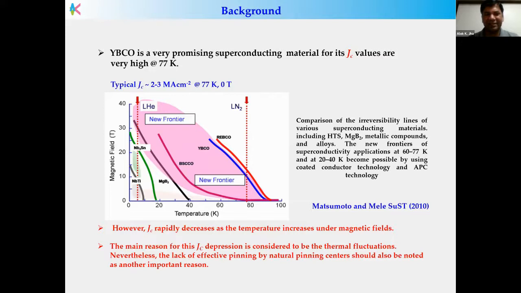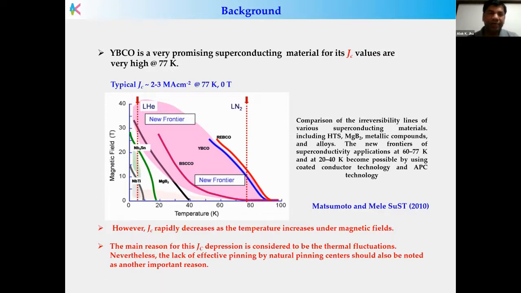Irreversibility field is similar to the critical magnetic field HC2, but if the system is below the irreversibility line in this phase diagram of temperature and magnetic field, then we can have some value of critical current density. If the field or temperature is larger than this irreversibility line, then we cannot have any critical current density and we cannot flow any current.